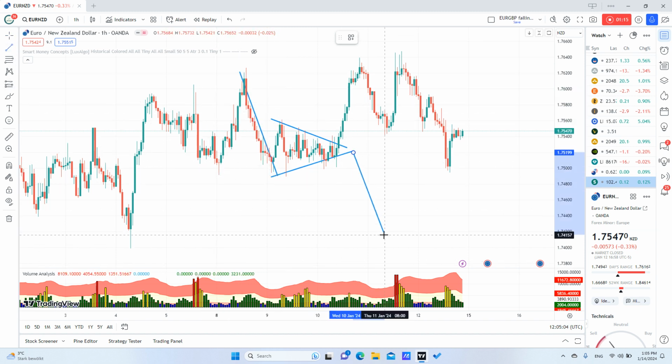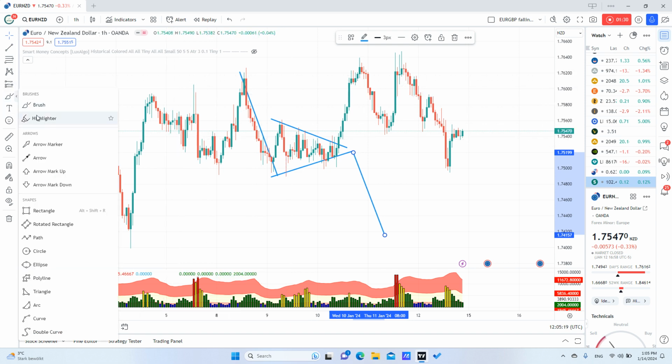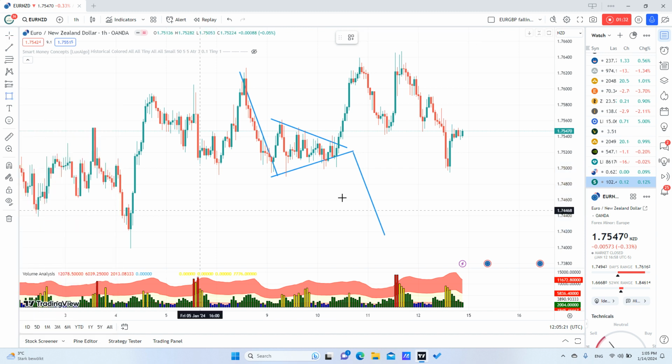So people start to sell here and target this area. But what happens is it goes to the opposite direction to make sure that no one is profitable on this short.